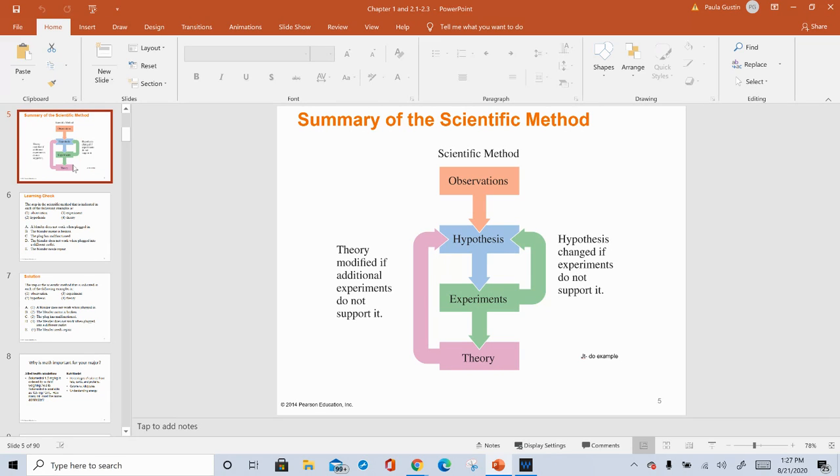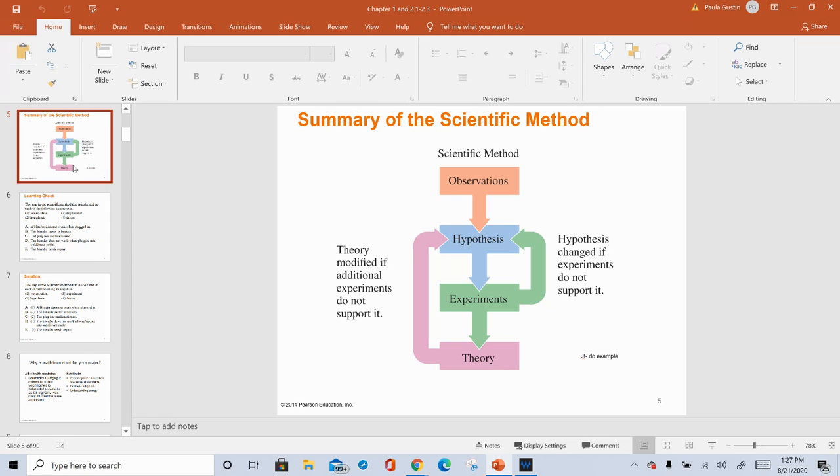There's a lot of discussion right now regarding COVID. For example, a good question would be, why is it spreading differently among younger children as opposed to adults? Scientists come up with an educated guess to explain that.